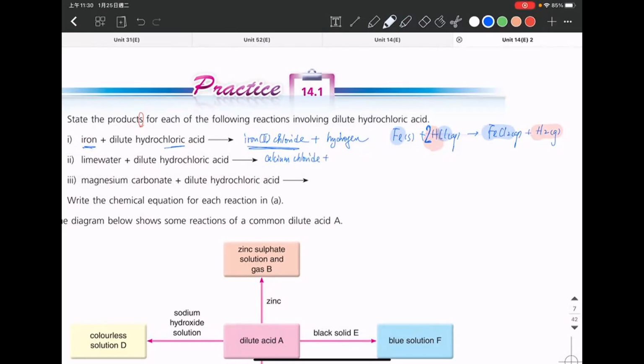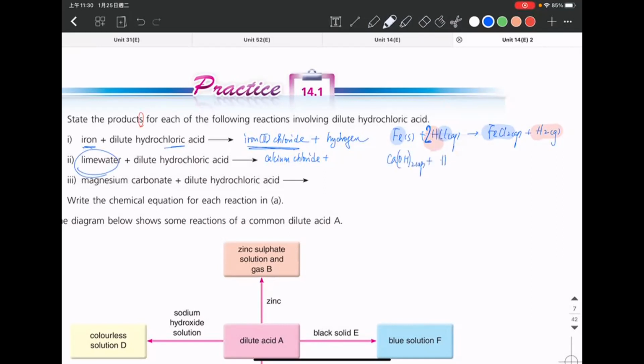Agree? Now, in order to check your answer, you better write down the chemical formula of lime water. What is the chemical formula of lime water? Ca(OH)2. Yep, calcium hydroxide, aq.